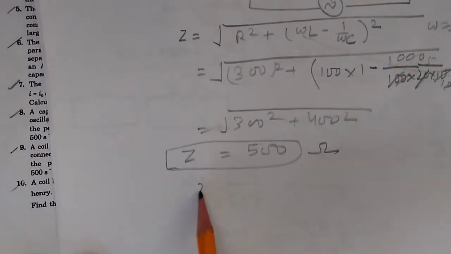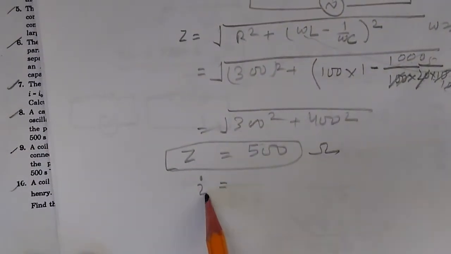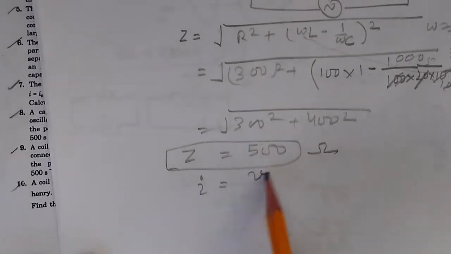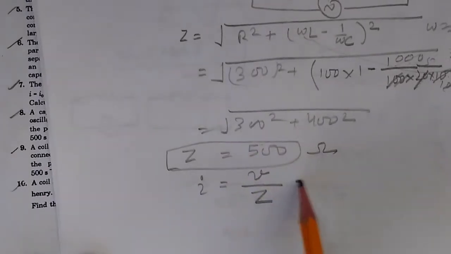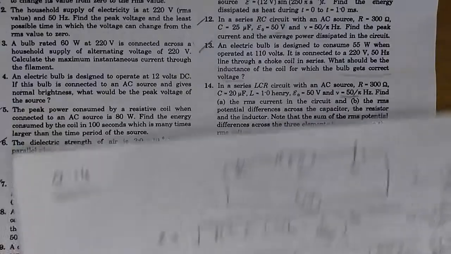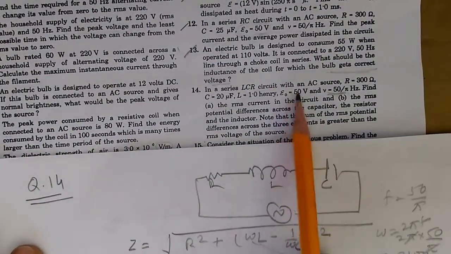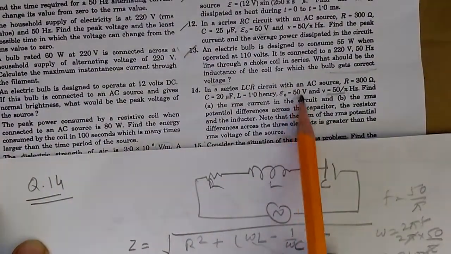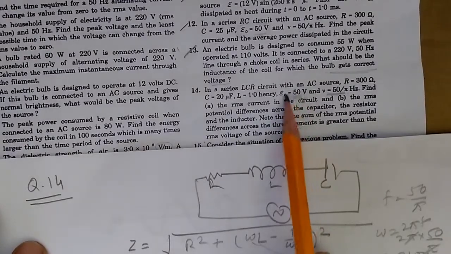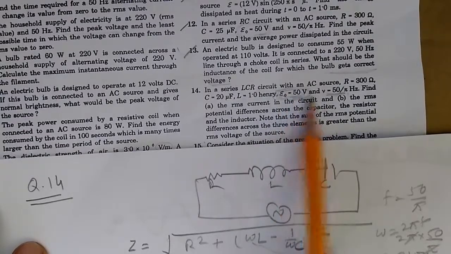Now we can find out the current. The I RMS current will be equal to V RMS divided by this impedance Z. At this point, we are given epsilon is equal to 50 volt, and if the book has some error, it should clearly say that this voltage is the RMS value.